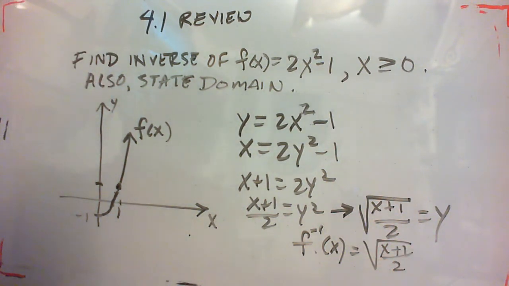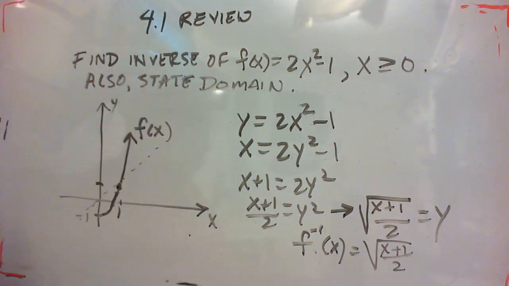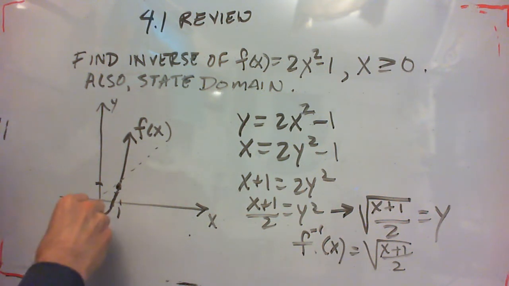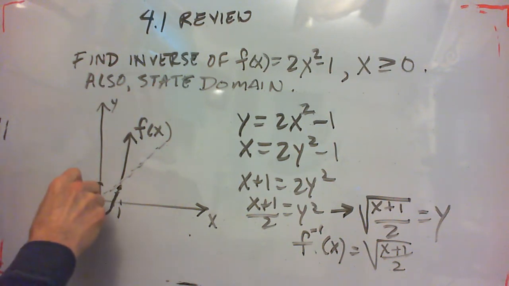Now, the domain. Here's our f of x. If you read through the notes and looked at the examples, one of the things pointed out was the inverse function is going to be a mirror image across the line y equals x.